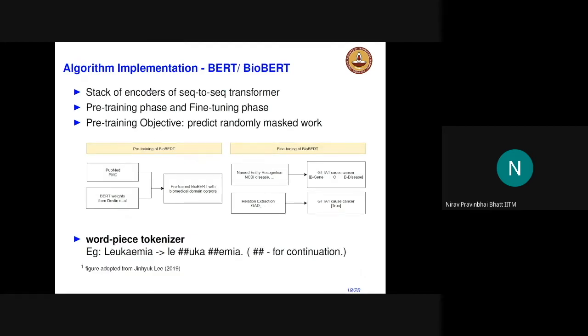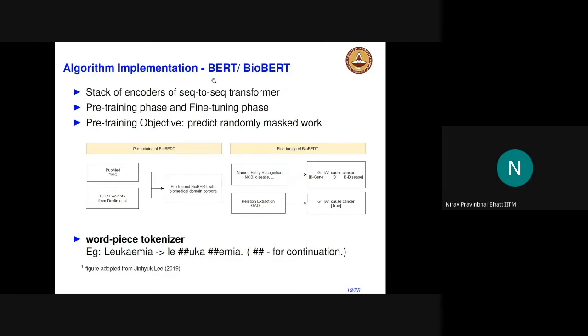As I told you, we did it using BERT, and there is another specialized model called BioBERT. The difference between BERT and BioBERT is that BioBERT is trained further on biological data, so it can handle the biological data or the examples we are interested in.